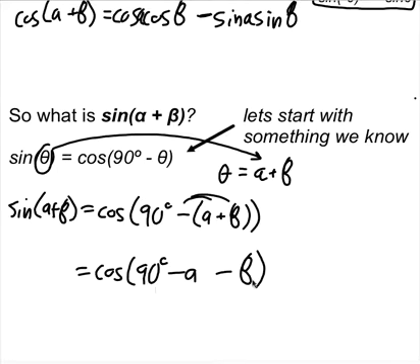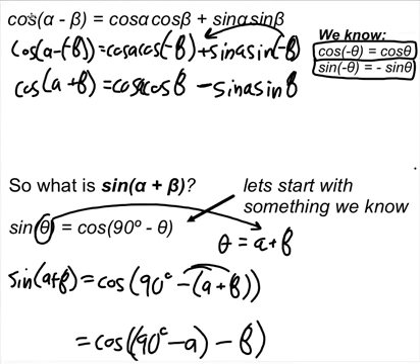We don't have any rules for subtracting three angles, but instead of grouping alpha plus beta together, let's group 90 and alpha together. So again, I can use my identity that we've already proven, cosine of an angle minus another angle. Right down here we have cosine of one angle minus another angle. So let's expand it one more time using this rule.